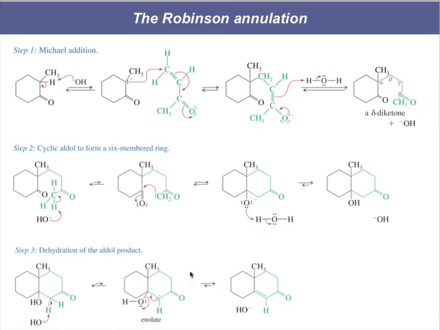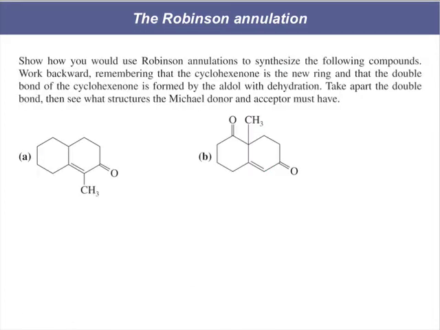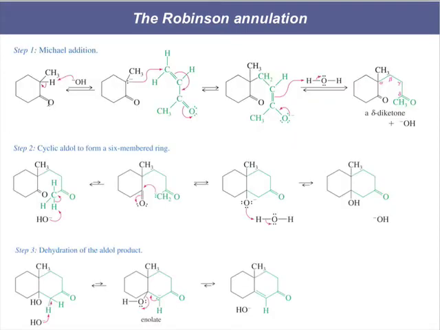Now, here's a good challenge for you. Use this mechanism to figure out how you would get these Robinson annulation products from some starting materials. Your starting materials for the Robinson will always be an enolate or an enolizable carbonyl and an alpha beta unsaturated carbonyl, because your first step is the Michael addition.